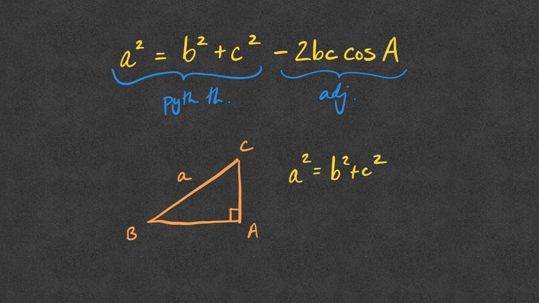And notice that Pythagorean theorem would work on the orange triangle. A is my hypotenuse. And then I would write down that I've got my minus 2 BC cos. Now, take a look at the only piece of information I've put on that triangle. It's that angle A is 90. So, I'm going to write in 90 degrees.